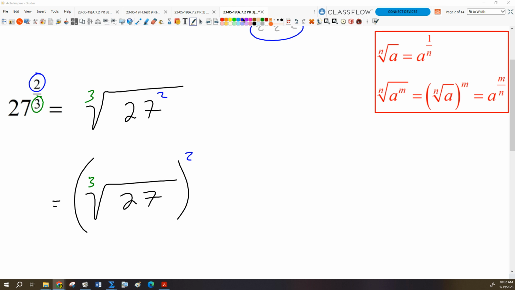It's easier to write the top one, but when you are actually evaluating a number this way, we're not dealing with any variables. We're just trying to get a number outcome here. One of these is way easier than the other one. Let's look at both of them and you tell me which one is easier. This one would be the same thing as saying the cube root of 27 squared.